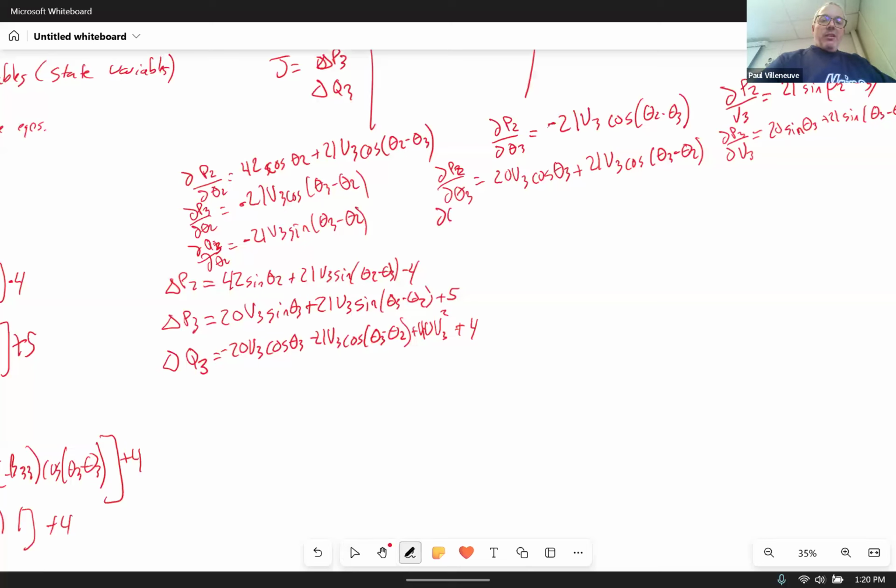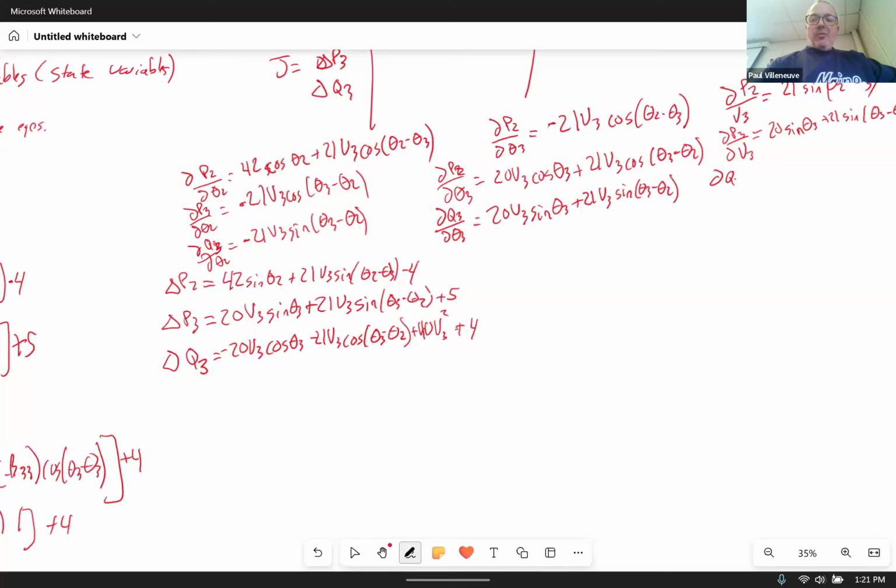The next one, partial of Q3 with respect to theta 3 is equal to positive 20 V3 sine theta 3 plus 21 V3 sine theta 3 minus theta 2. And that's it.